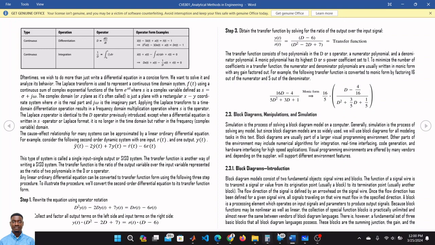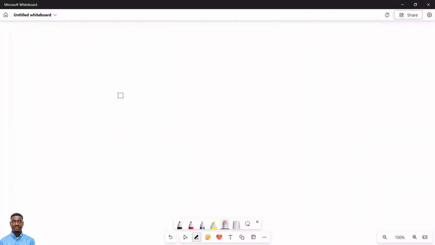Now we know what a differential equation looks like. Let me just open my whiteboard here. Whenever we have d/dt in this form, you know that this is a first order differentiation. In this bracket, you can have anything.